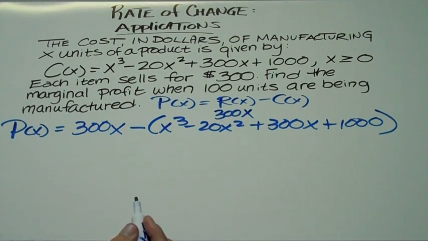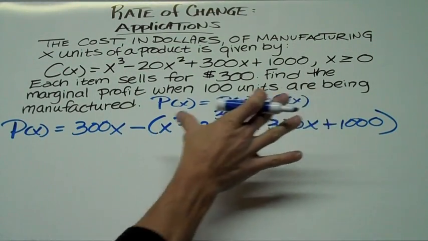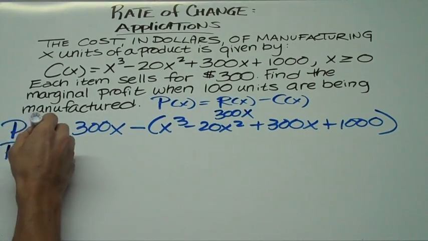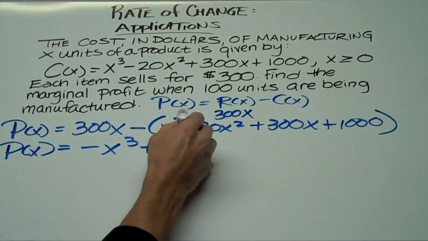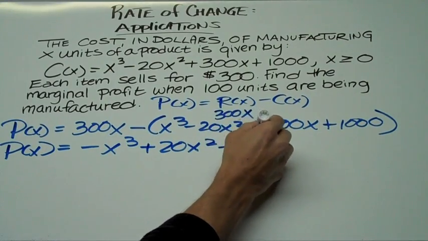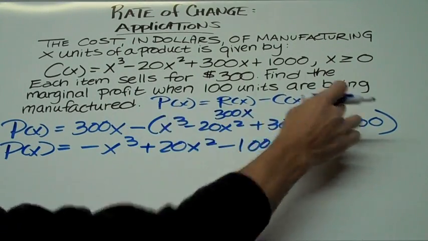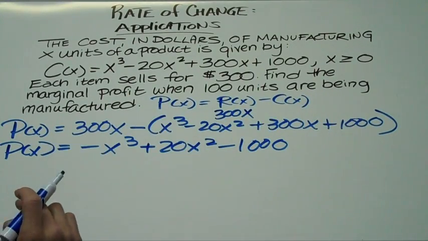I can simplify when I distribute out the negative and combine like terms. Profit is equal to negative x cubed plus 20x squared minus 1000.